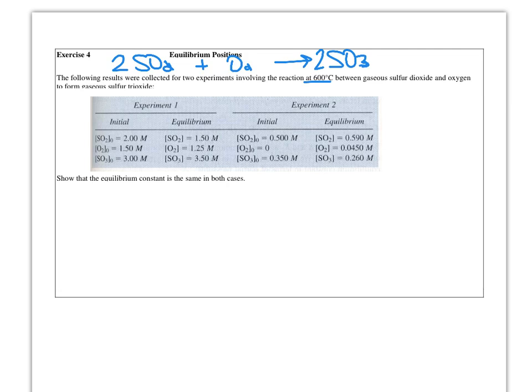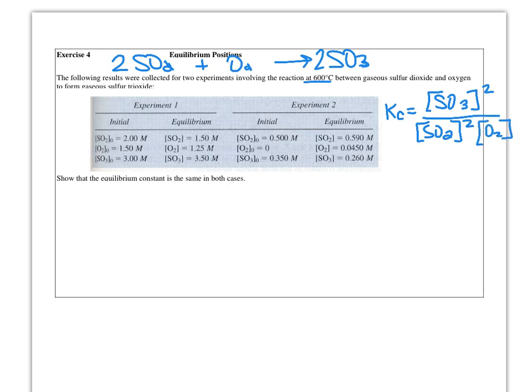My equilibrium constant, or Kc, is going to be products, so SO3 concentration squared over my reactants, SO2 squared times O2 to the first.